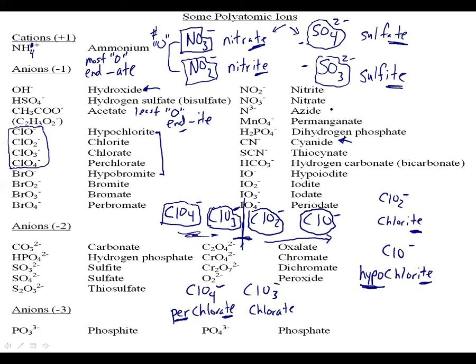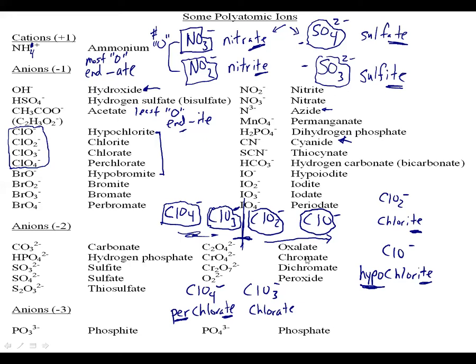You also have azide as well. So there are a few of these polyatomic ions that actually will end up with ide, kind of like what you see on the periodic table with those nonmetals, but a vast majority of them will again be your ate or ite, but a few of those guys are the ide.